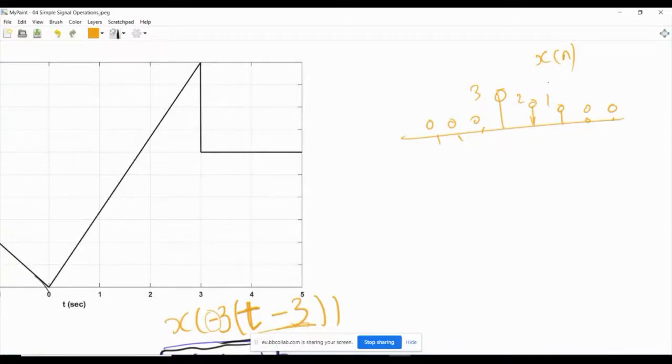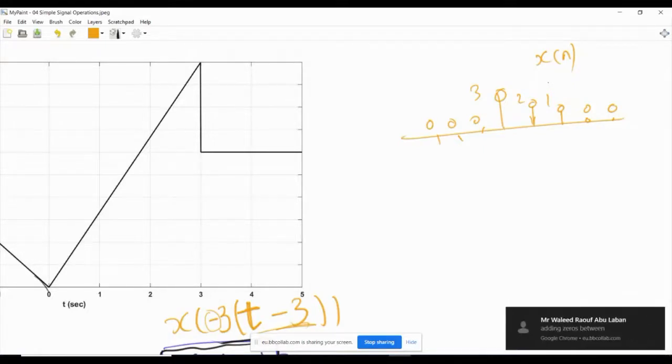Stretching or compression for a continuous time signal makes sense because t is a real number, but discrete time signals are defined only on the integers. And if we do an operation on them, we should get new discrete time signals that are also defined on the integers. So what is time scaling for discrete time signals?